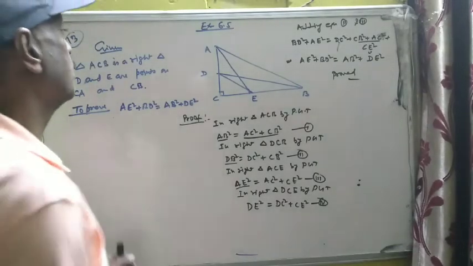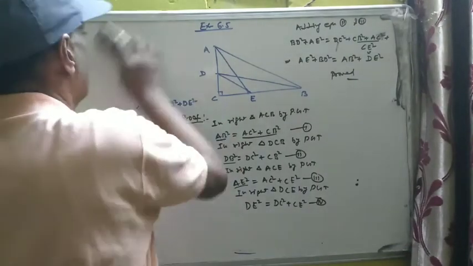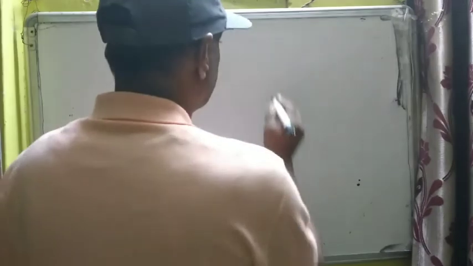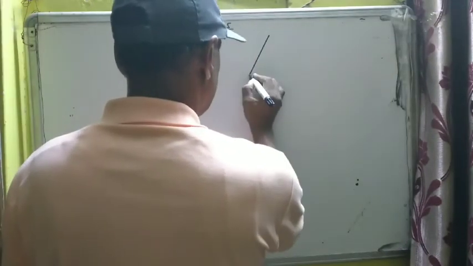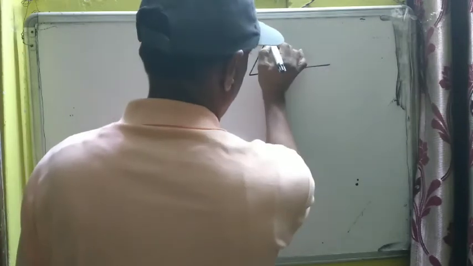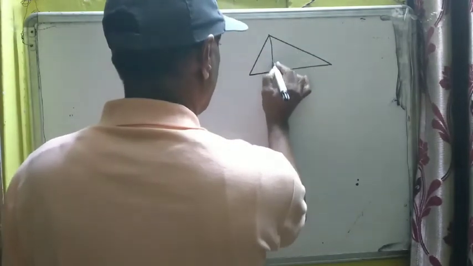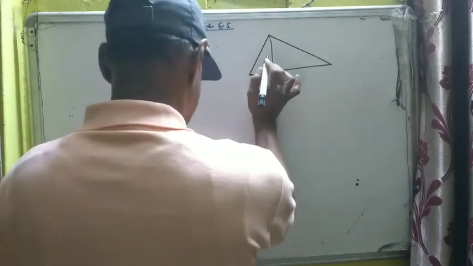Let us have question number 14 now. Question number 14 is, figure is given in this question. So draw the figure at first. Perpendicular is here.